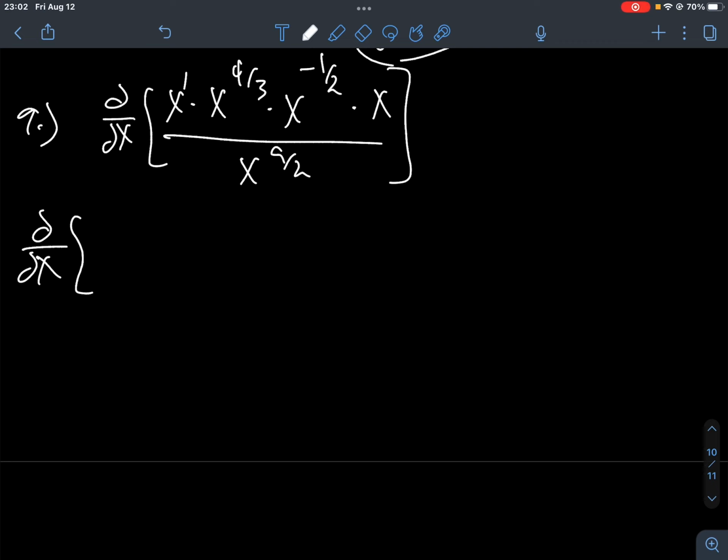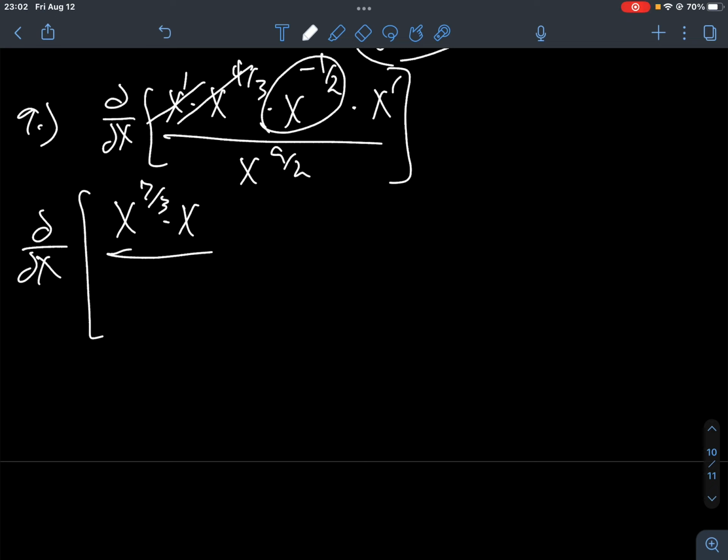So 1 plus 4/3 is 7/3. So we get x to the 7/3. So we're done with those. And we have this x to the minus 1/2, which is going to go to the bottom. And we have this x to the first power. So we're going to multiply that by x over, move this x to the 1/2 to the bottom. So we have x to the 9/2 times x to the 1/2.